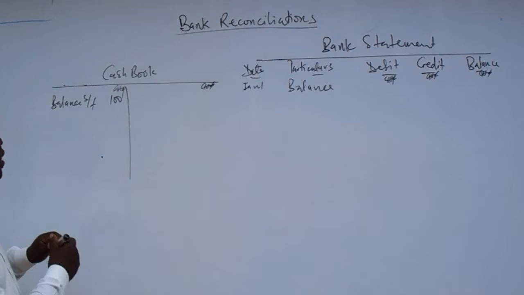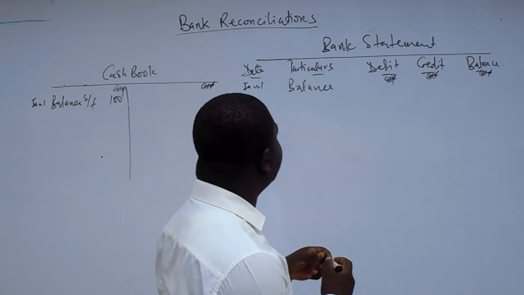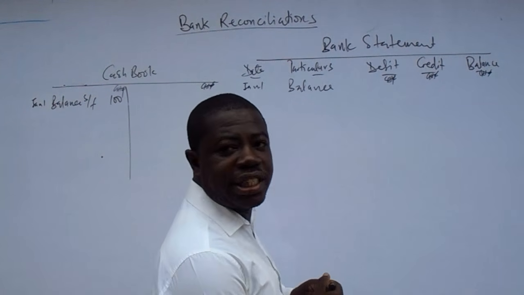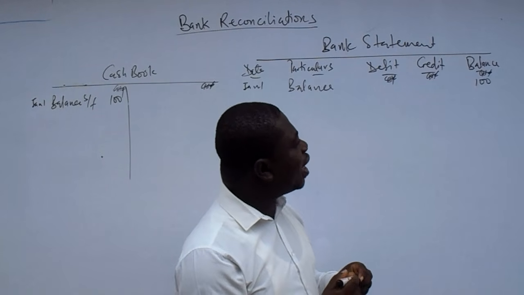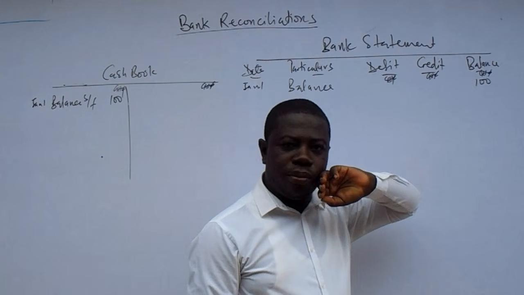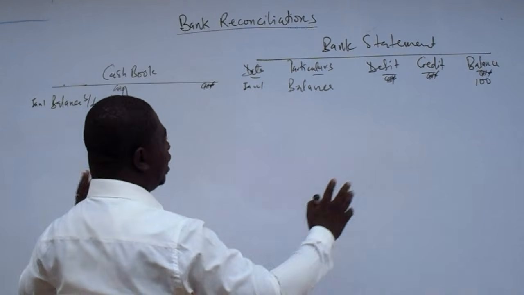At the beginning of the year, let's say January 1st, it is expected that in the bank statement on January 1st we have the same balance of 100, and this 100 will be recorded at the balance column. We have this 100 recorded here to show that that is the balance.